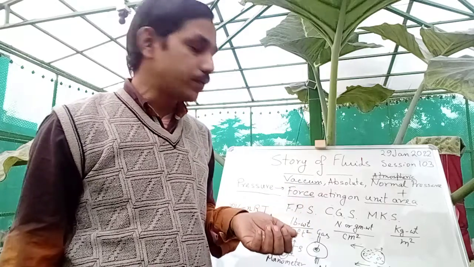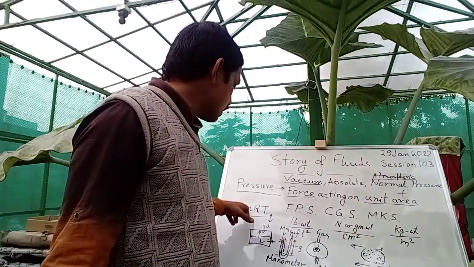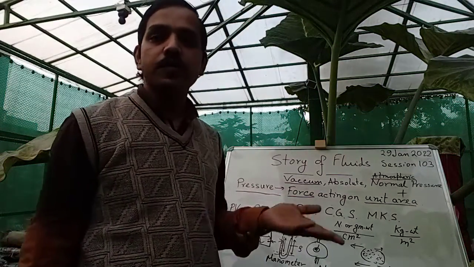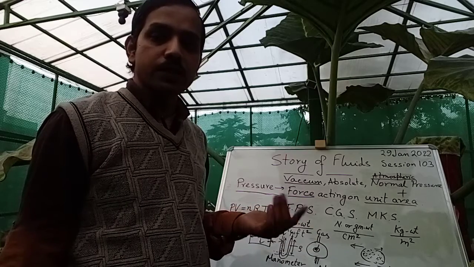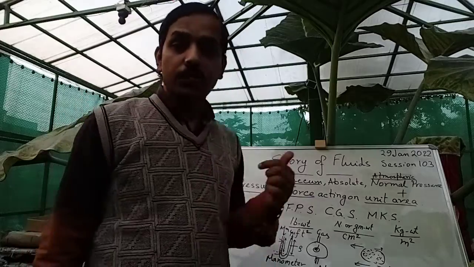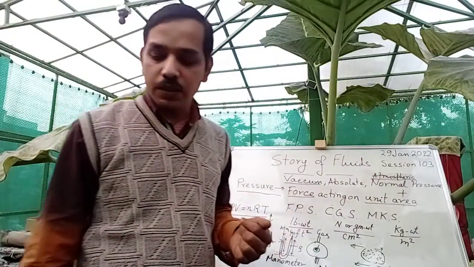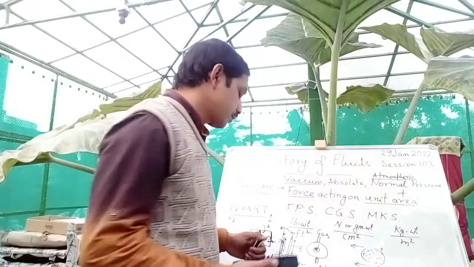That we'll discuss later. R is the universal gas constant for any substance, and that is 8.31. And then temperature. Temperature is another important factor that we discuss.